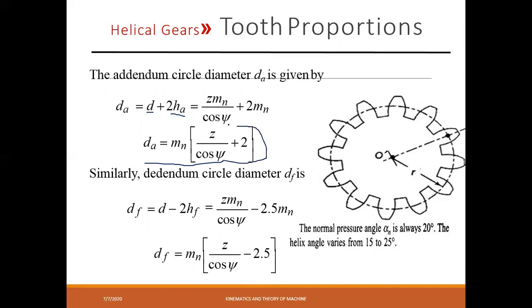You have to remember this equation, and also this equation for the dedendum circle diameter, to solve examples asking for the addendum circle diameter and dedendum circle diameter. The dedendum circle diameter df is taken as d minus 2hf, which is equal to z mn upon cos psi minus 2.5 mn. So df is equal to mn in brackets z upon cos psi minus 2.5, right?